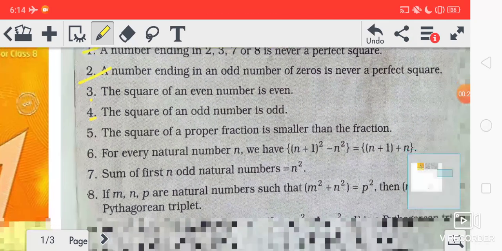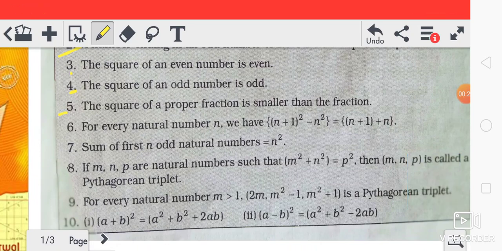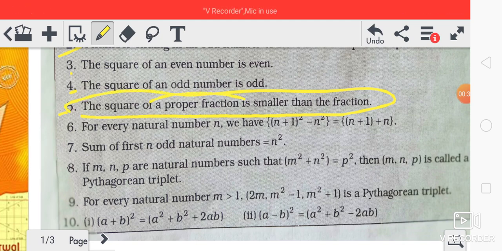Now, today we'll discuss the fifth property, that is, the square of a proper fraction is smaller than the fraction. Okay, square of a proper fraction. What do you mean by proper fraction?